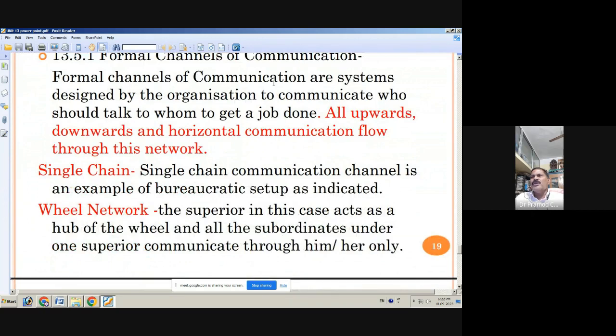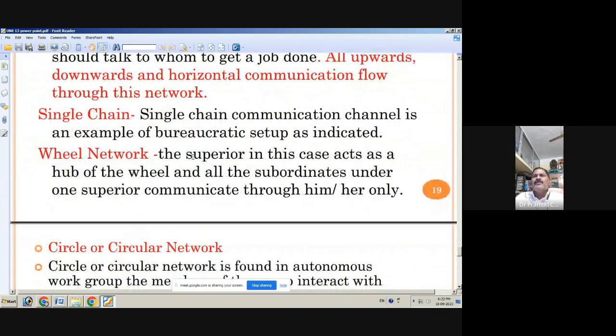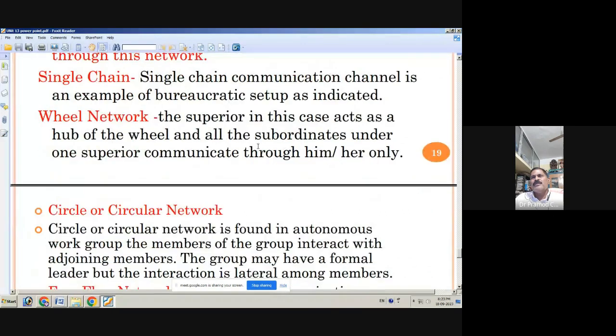Formal channels of communication may be, one, single chain. Single chain communication channel is an example of the bureaucratic setup. It comes from above, a bureaucratic tendency. They will issue the circular and everybody will accept it. Wheel network: the superior in this case acts as the hub of the wheel and all the subordinates are under one superior.